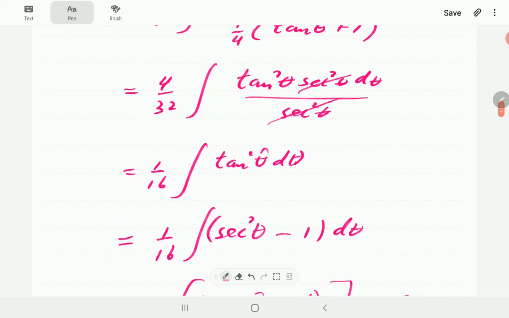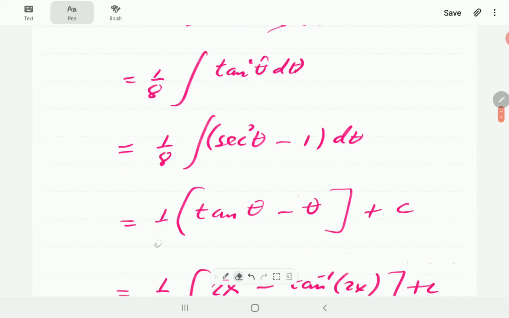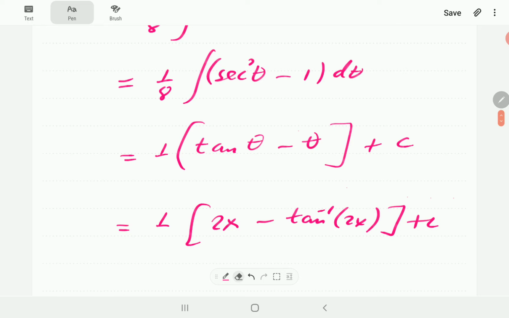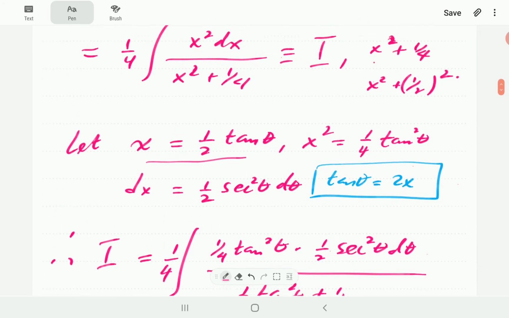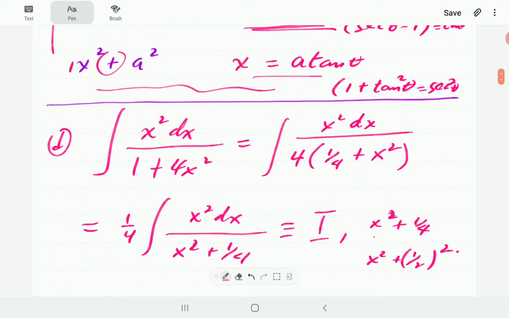Okay, just one moment, there's a slight error here. 4 over 32 is 1 over 8. It's going to be 1 over 8, and that's going to be 1 over 8 there. All right, otherwise that is going to be our final solution for part D.